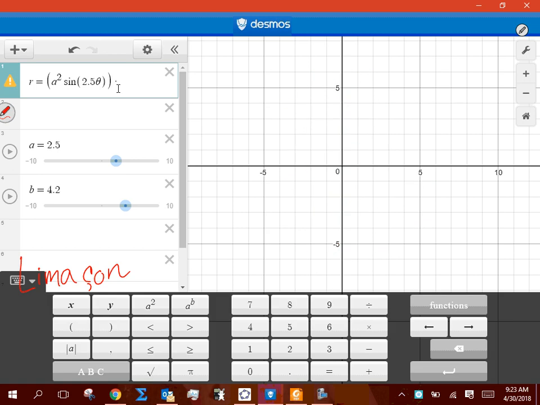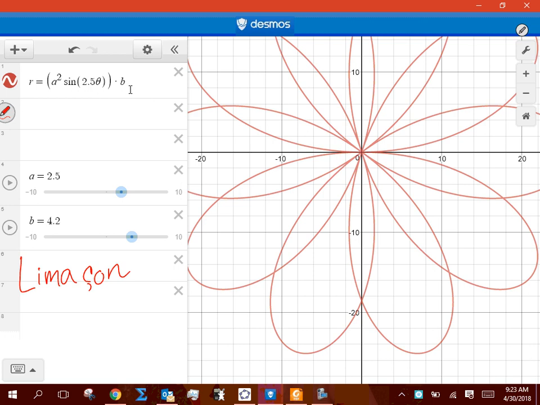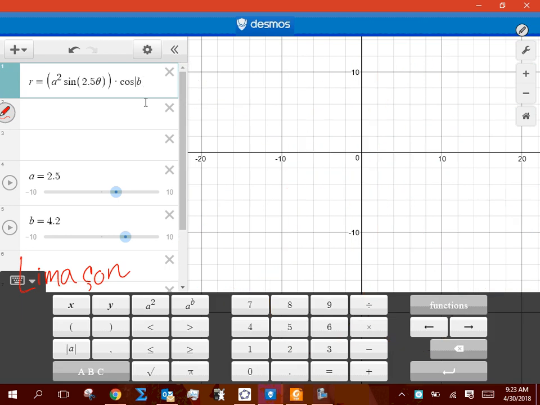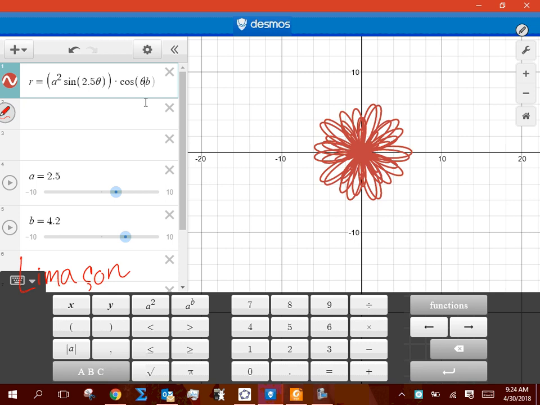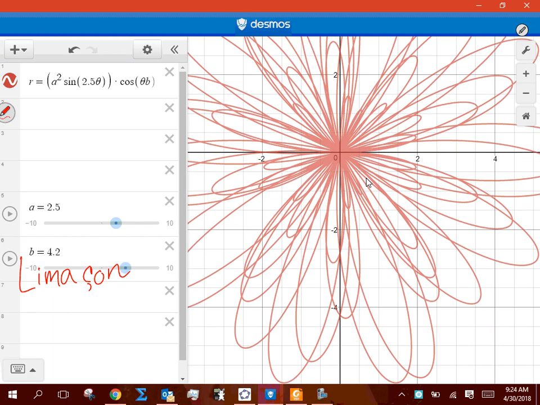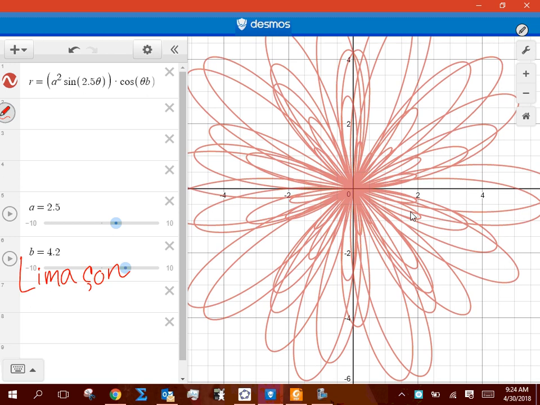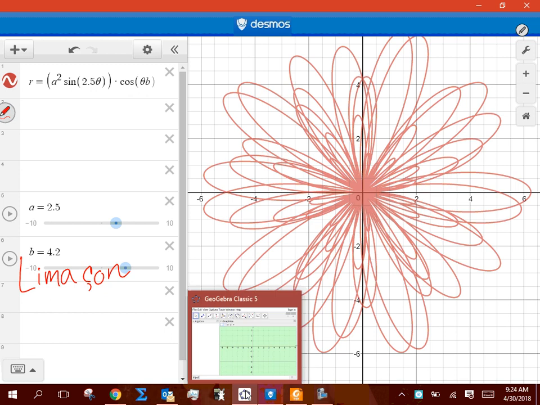Let's see if I multiply by b, what does that do? Or multiply by, let's say, cosine of theta times b. And you start to get some pretty weird, intricate, but very symmetric curves a lot of times, right? That in terms of x's and y's is going to be a mess.